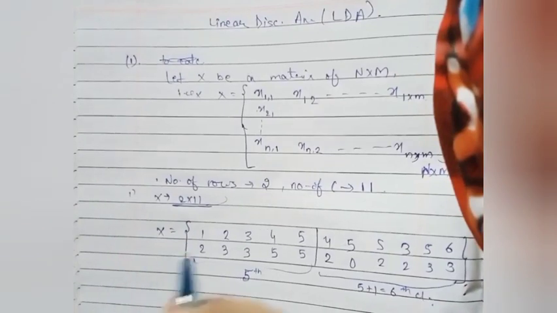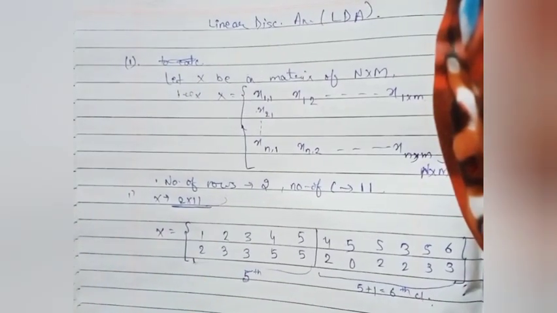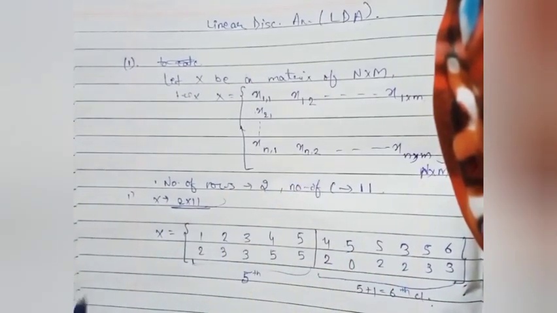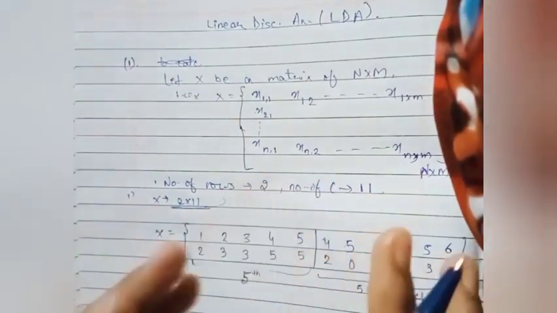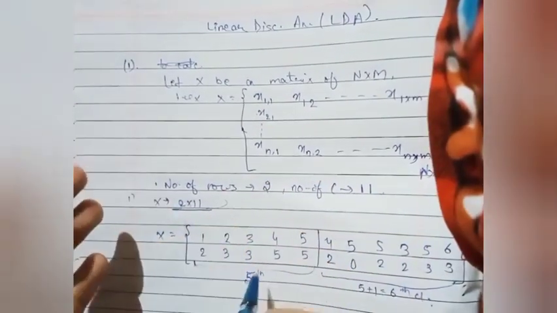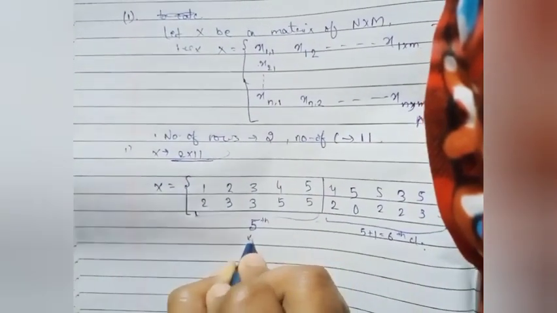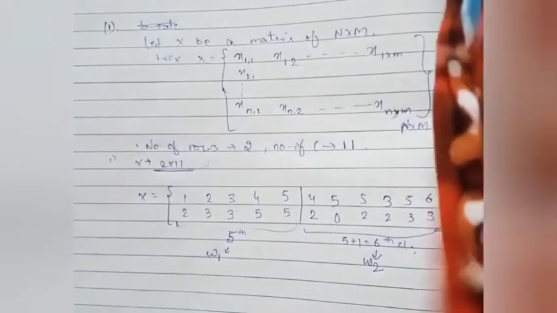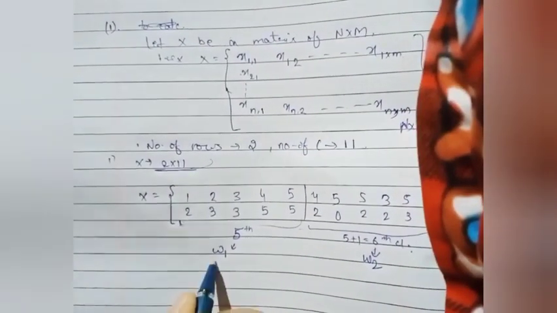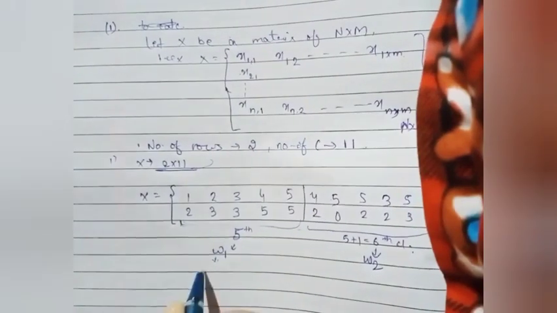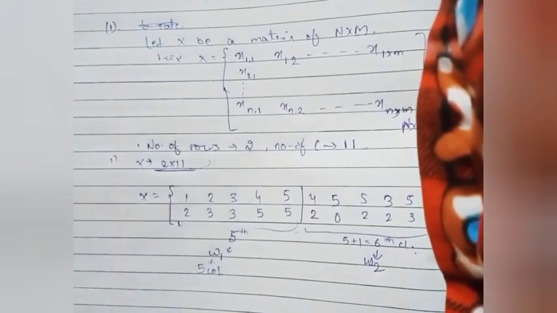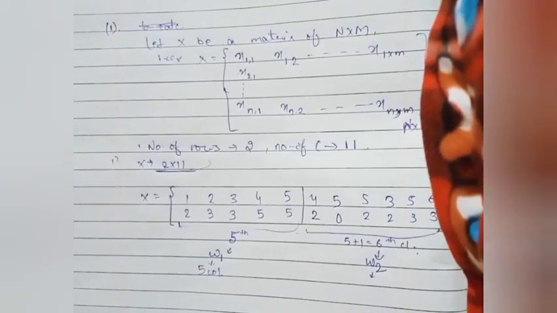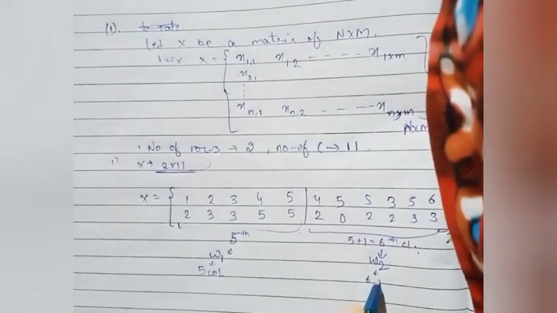So every time we have to divide the matrix into two parts, where one part will be of n number and the other will be of n plus 1, like in a two class problem. Name the first one W1 and the second one W2. W1 is a matrix with 5 columns, and W2 is the matrix of the last 6 columns.